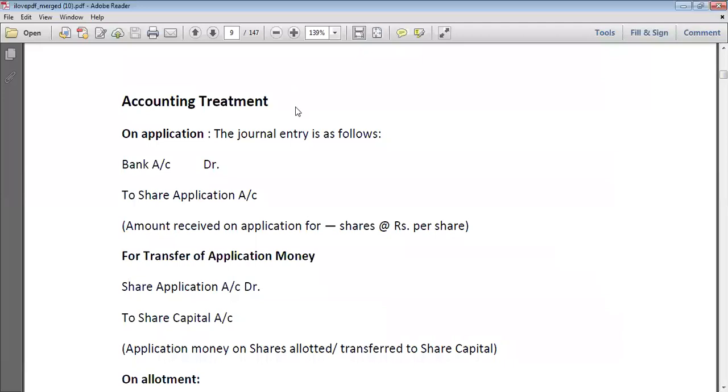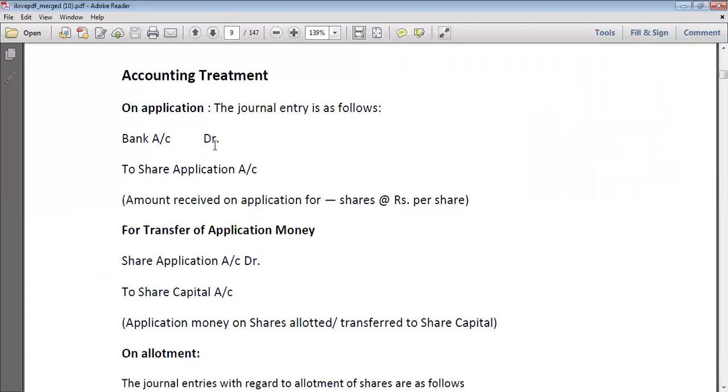Okay, so when the company receives the application money, what entry will be passed by the company? First, the company will pass the entry: bank account debit to share application account. See, when the company receives the application money, two accounts will be affected. First, bank account. Second, share application account.